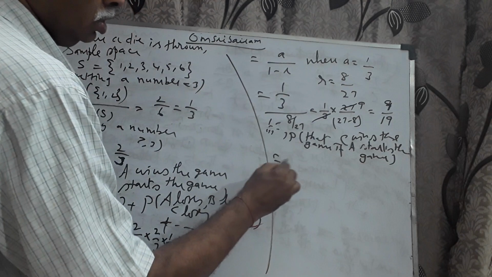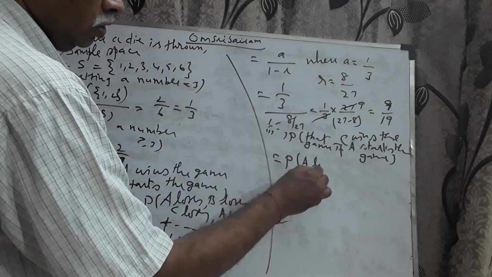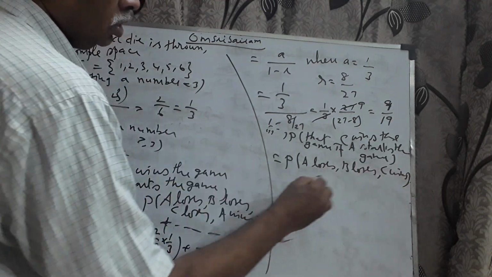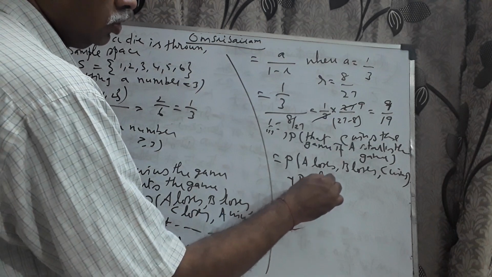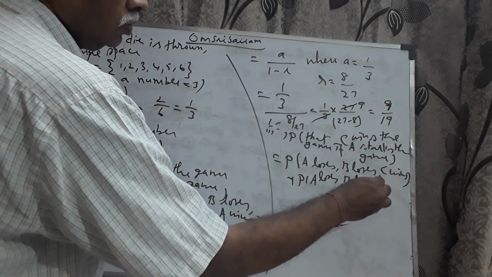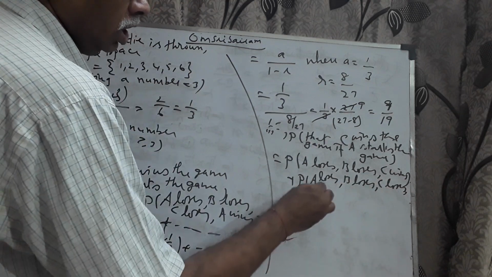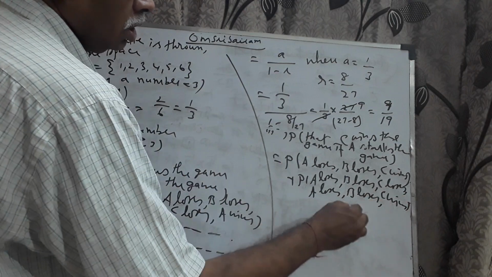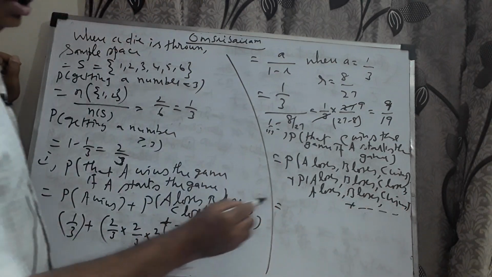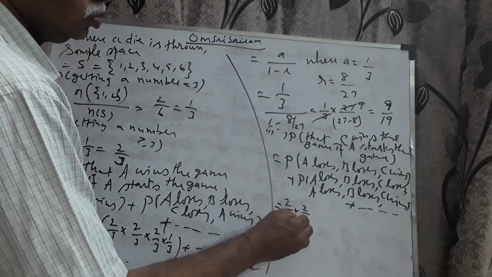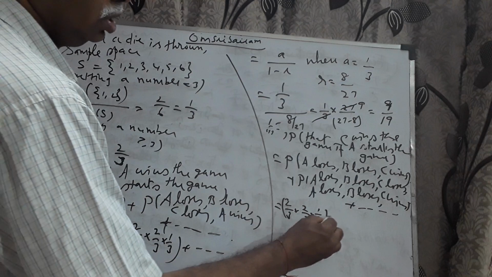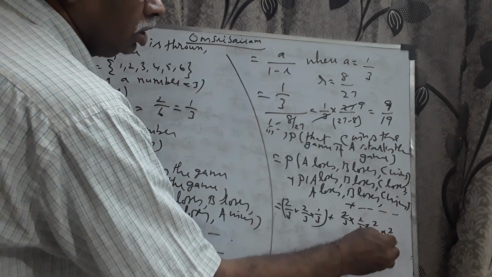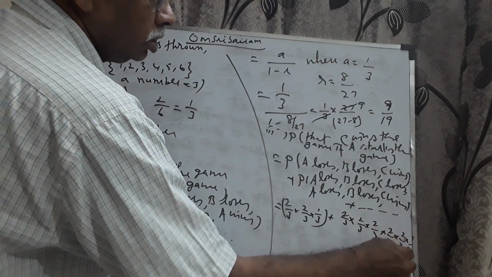This equals P of A loses, B loses, C wins, plus P of A loses, B loses, C loses, again A loses, B loses, C wins, and so on. It will be 2 by 3 into 2 by 3 into 1 by 3, plus 2 by 3 five times into 1 by 3.